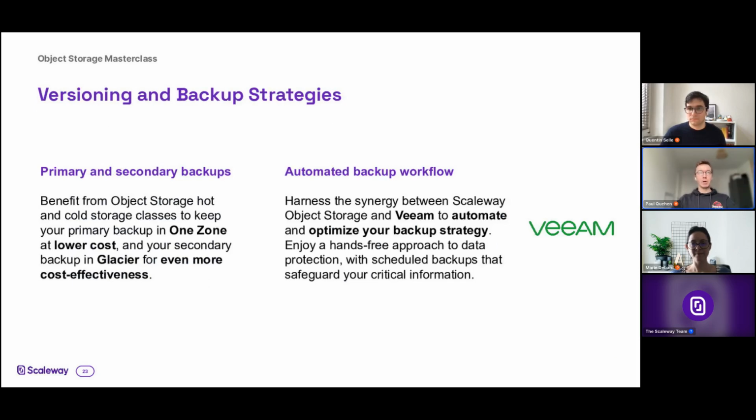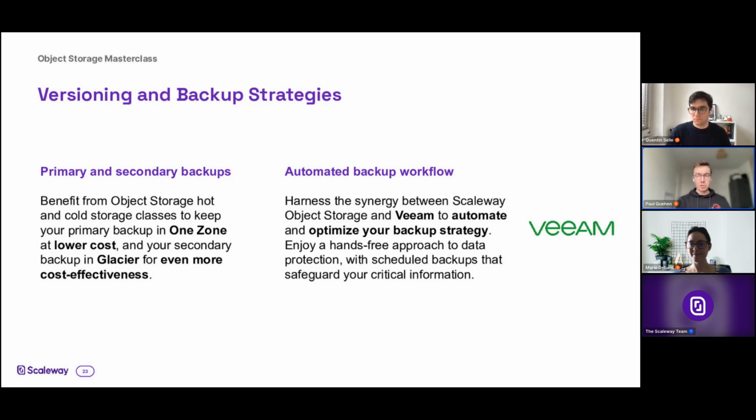So at the beginning, I was talking about DRP, disaster recovery plan, and backups, and Marie talked a little bit about versioning. We are approaching the end of the session, so let's have a look at those use cases and features. About backup strategy, there are two types of backups.